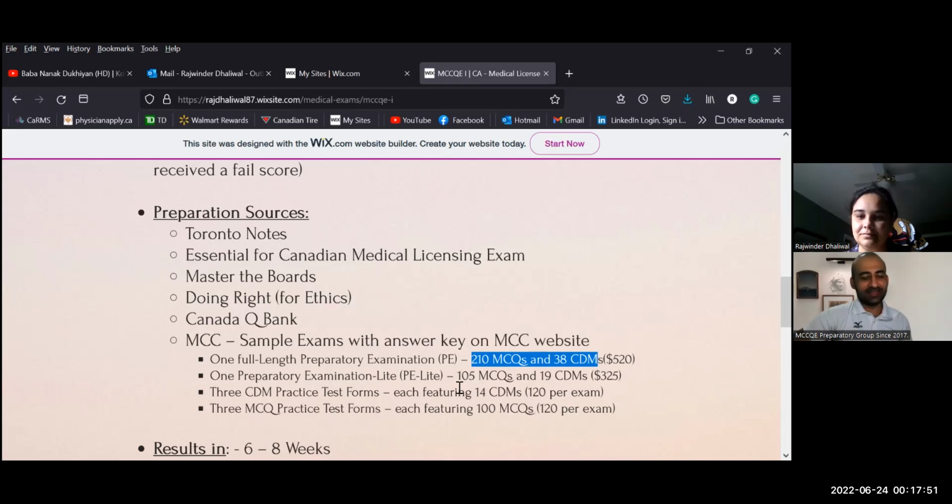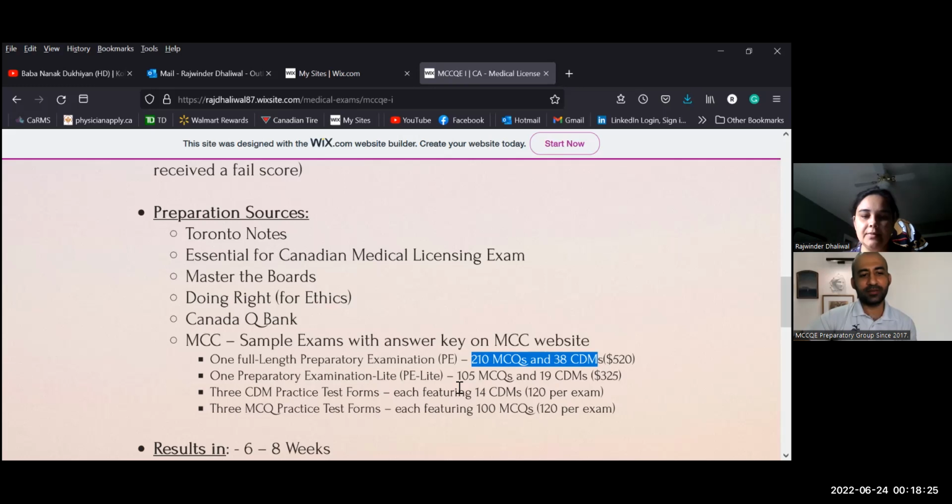I'm not sure about this, but it's definitely a very good resource if you want to get familiar with the exam. Many people like to have an idea before going into the exam, and this is that idea. It's a good way to see what kind of questions they're going to be asking. Nothing is guaranteed, but for sure this is a good resource.